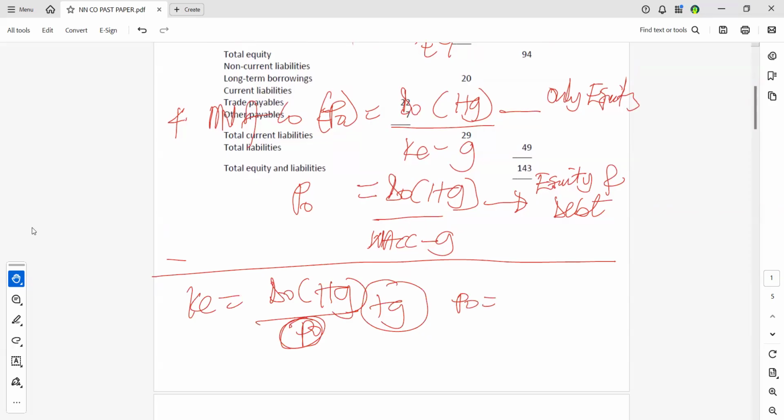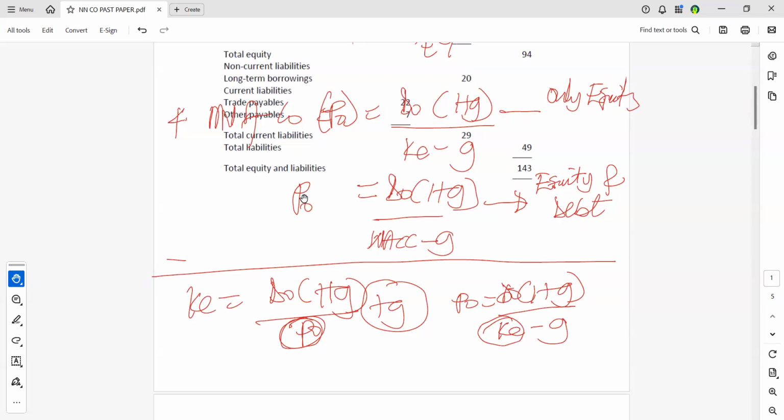That is what gives us P0 = D0(1+g) over (Ke - g). But we are saying that Ke should only be used if the company is solely financed by equity, then we only have cost of equity as the cost of capital. But if the company is financed by equity and debt, then you cannot use Ke. Instead, you need to use the WACC of the company because the WACC comprises both debt and equity.